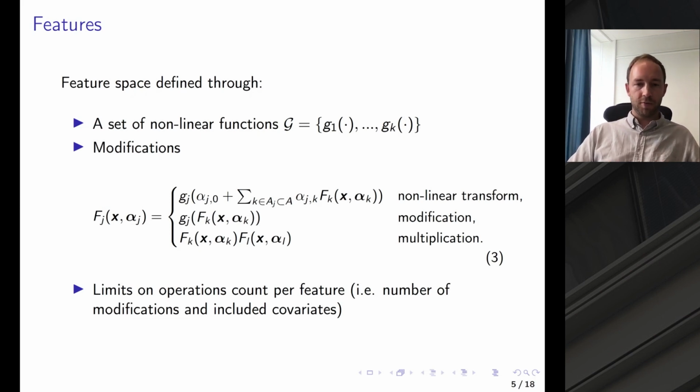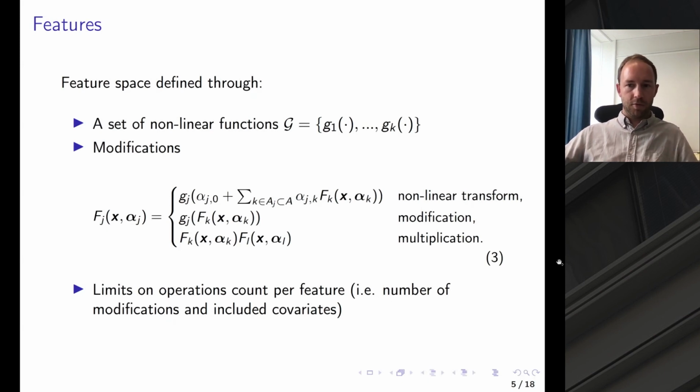Since this is a recursive structure, it creates a very large feature space. And if we don't limit it somehow, it's going to be infinite. To make sure that the feature space is finite, we have a limit on operations count per feature. So the number of modifications and covariates included, to make sure that the feature space is clearly defined and finite.